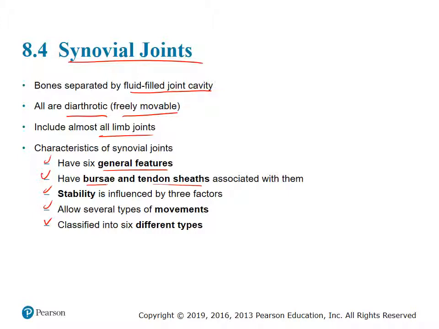They look like mini synovial joints, cavities, or little pillows of fluid, and they actually help the joint in movement. We'll talk about stability. We'll talk about the types of movement that synovial joints can have. And because of that, we classify them based on those movements. And so we'll see that as well.